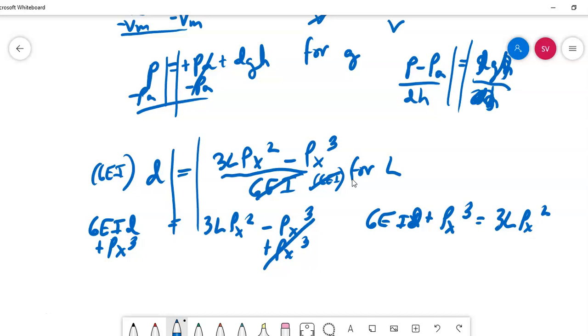So now the 3 and the PX squared is attached to the L by multiplication. So I have to divide by 3PX squared on the right, divide by 3PX squared on the left, and they cancel. So now I have L all by itself.